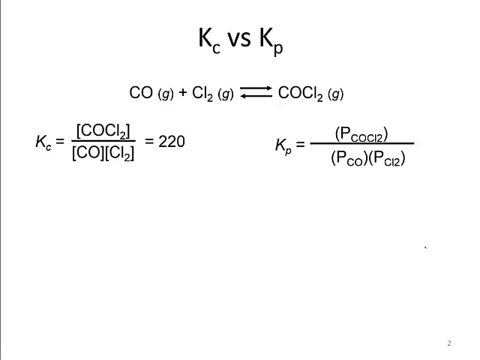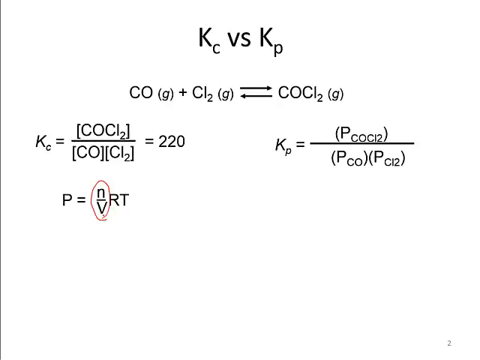And these two expressions are exactly the same, except they don't have the same numerical value because the units are different. But we can convert between partial pressure and concentration using the ideal gas law. So the ideal gas law written here, pressure equals nRT over V, is written so that concentration is part of the expression.